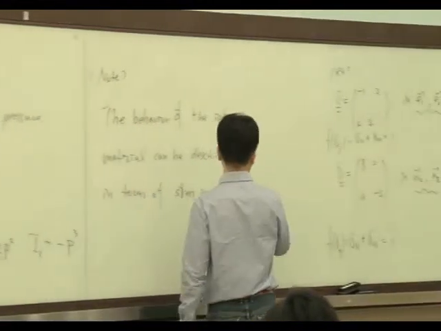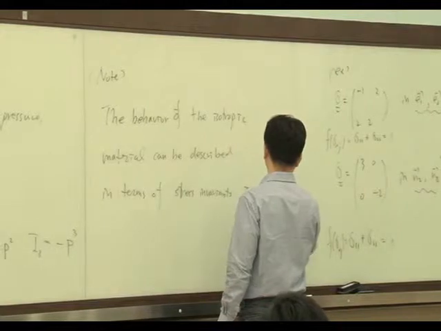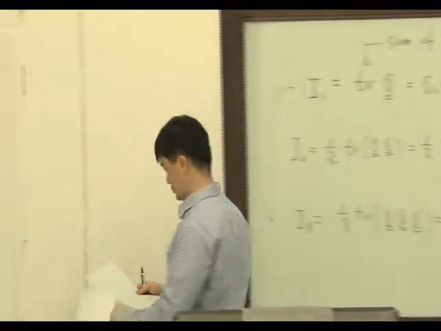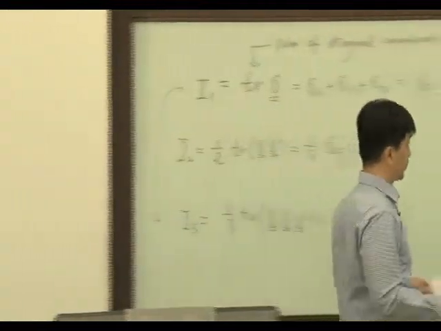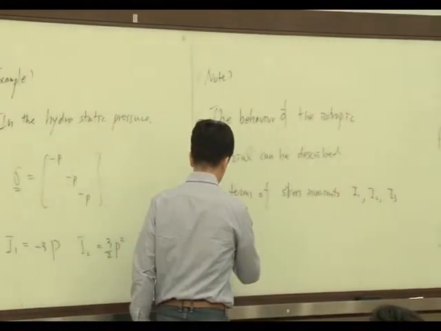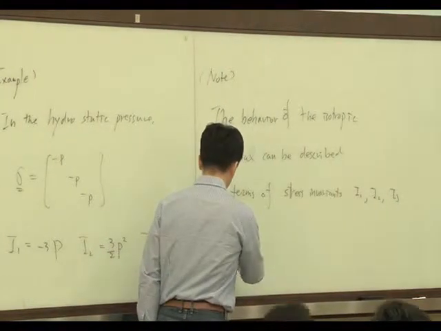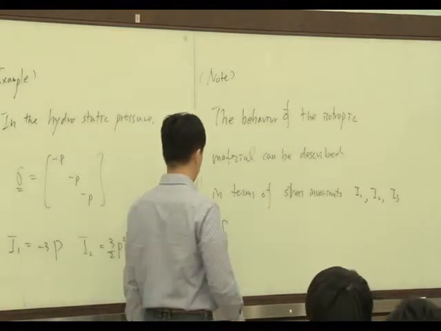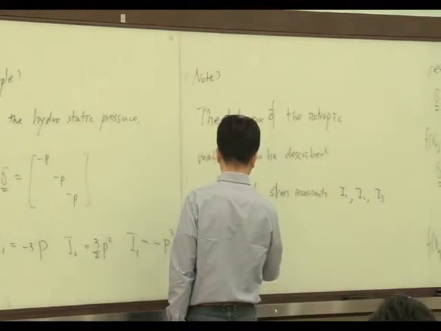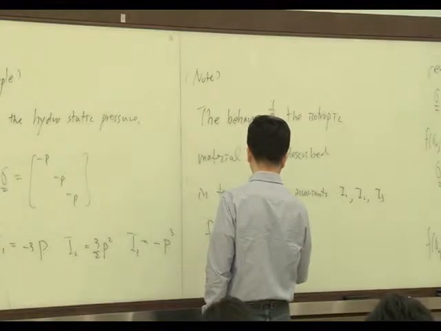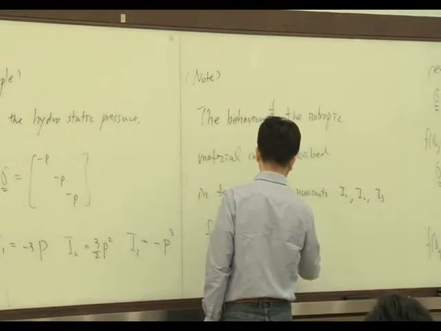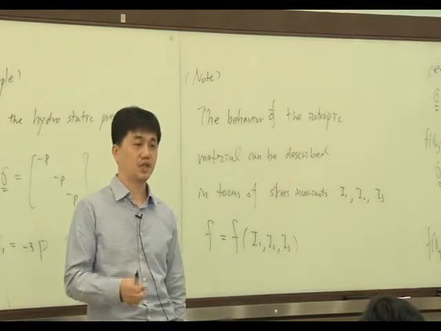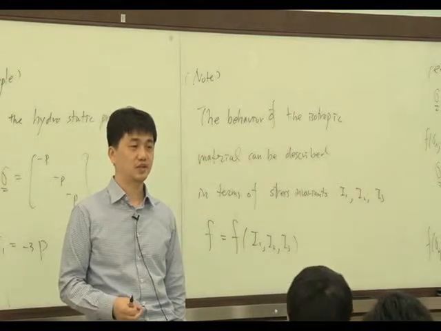Stress invariants I1, I2, I3. So if there is some property of isotropic material, that is a function of I1, I2, I3, because only I1, I2, I3 are stress invariants that don't change depending on direction, right?